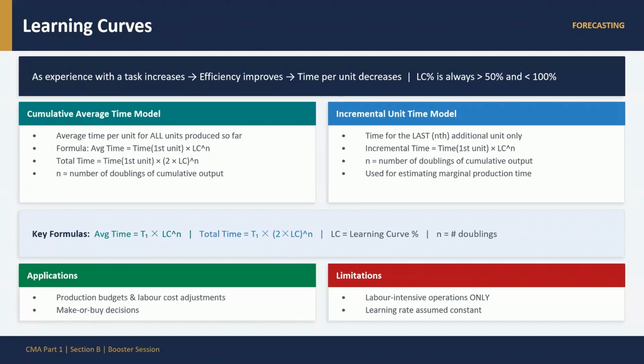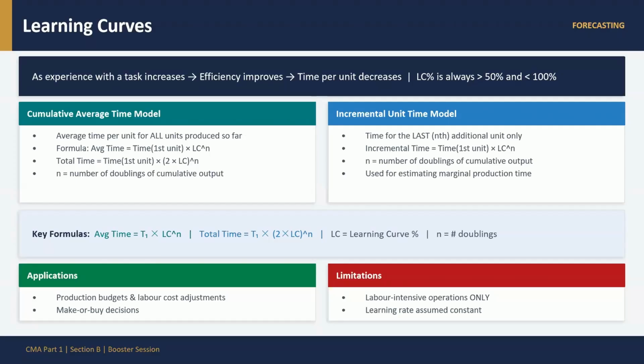Then, if it is a learning curve percentage of 45%, what does it imply? I'll tell you. It implies that we are consuming 45 hours of this total 100 hours for producing two products, the first two products. Okay. So for the first product, we have already consumed 100 hours. For the second product, at least 1 hour extra should have been consumed. But if it is a learning curve percentage of any percentage below 50%, it states that you are consuming negative hours.